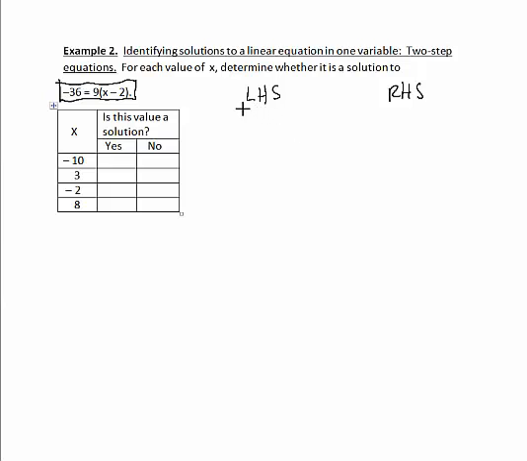And lucky for us, the left-hand side is already worked out, so to speak. We simply have a number. So the only side that we really have to calculate is the right side.